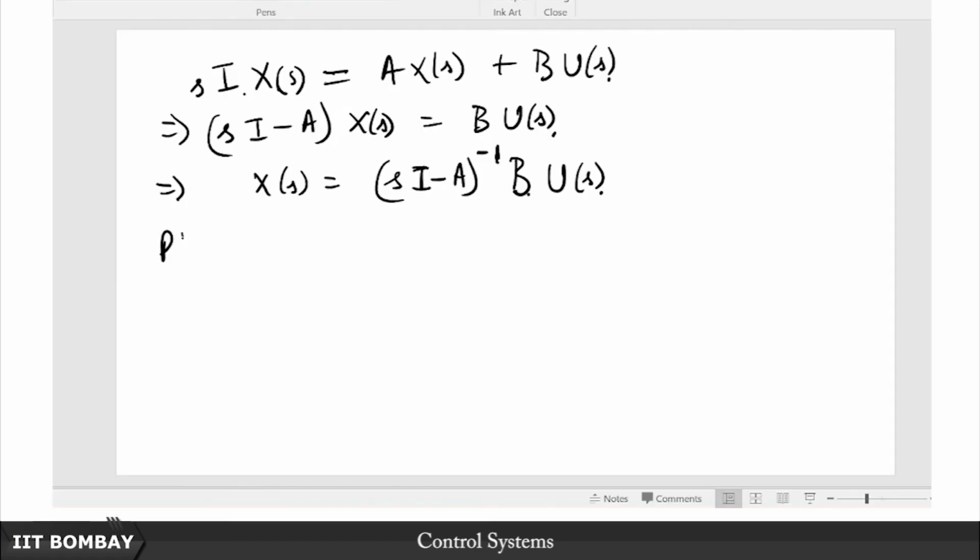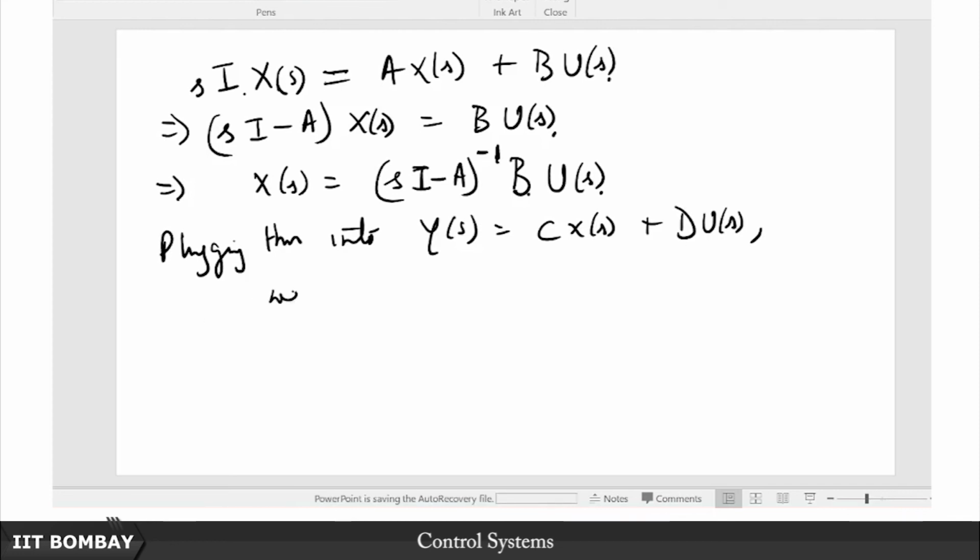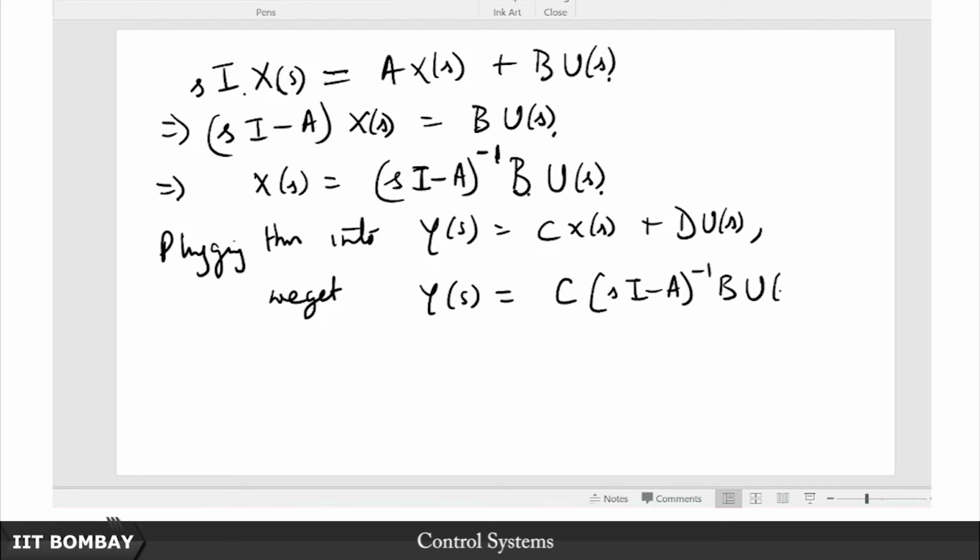And now plugging this into Ys is equal to C xs plus D us, we get Ys is equal to C times S I minus A inverse B us plus D us, which is nothing but C into S I minus A inverse B plus D, times us.